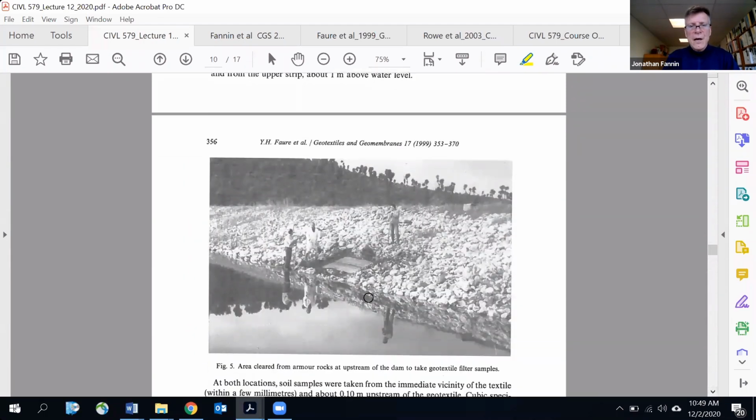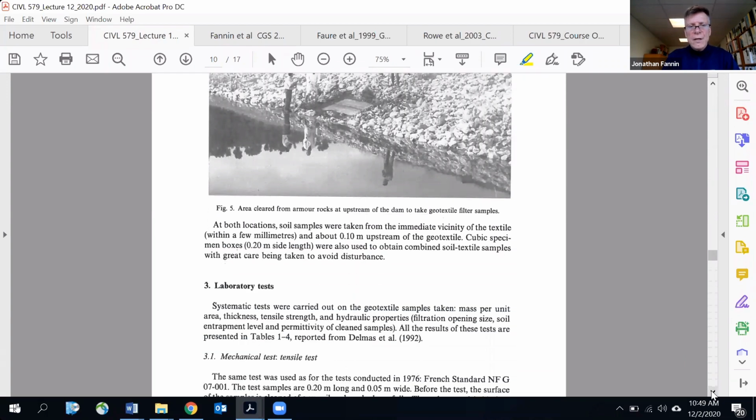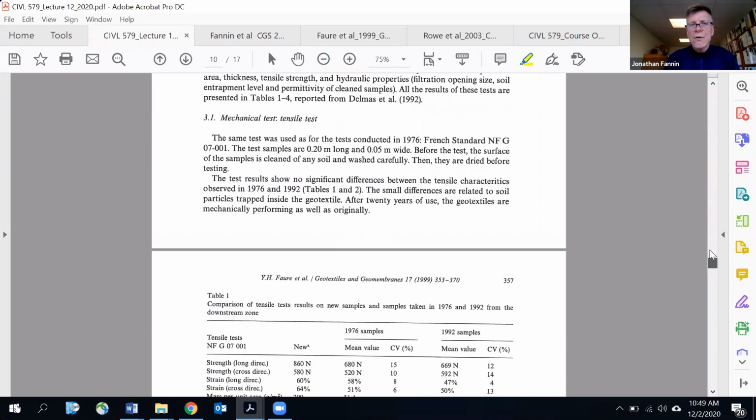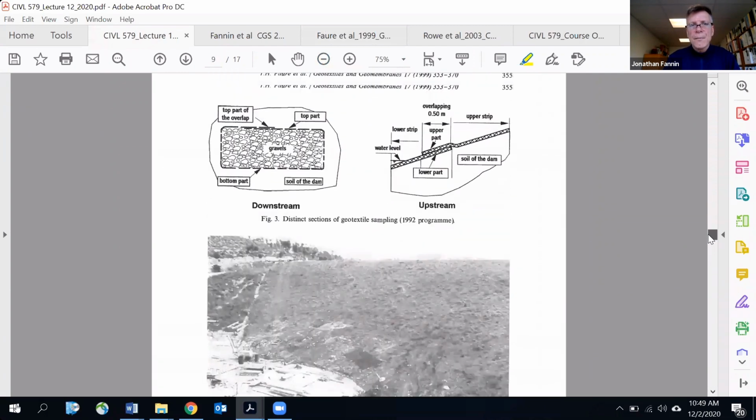This is the upstream face of the dam. And there's a drawing that shows... where is the drawing? Do I have to go back? Bear with me. Yeah, figure 3. Let me go back, because there's a terminology that we need to pick up on, and it'll inform your breakout groups.